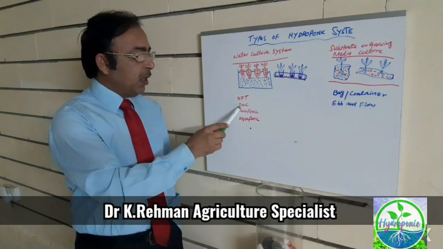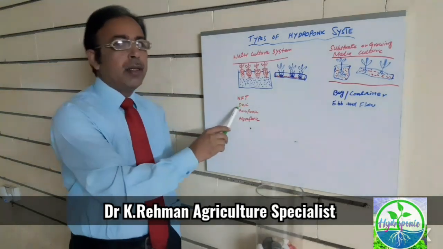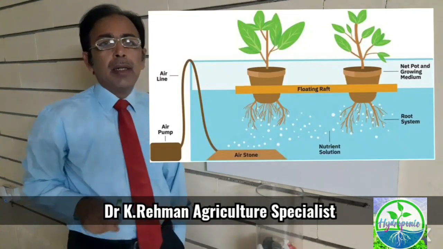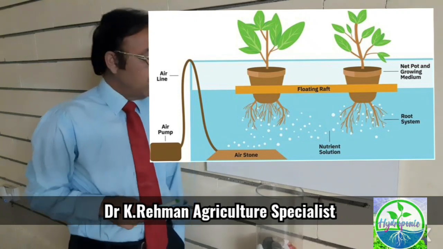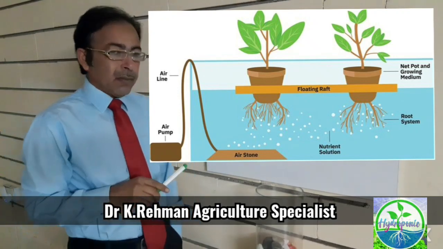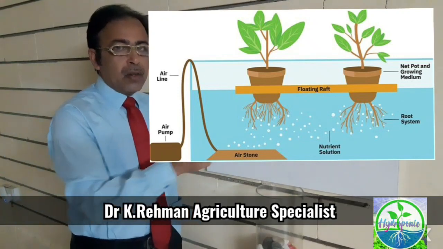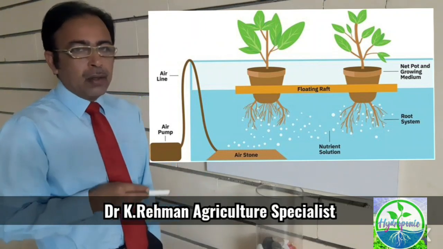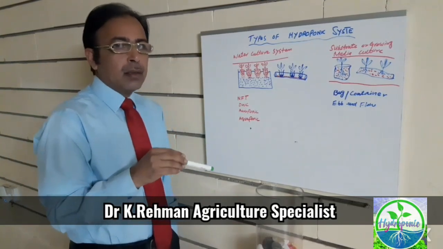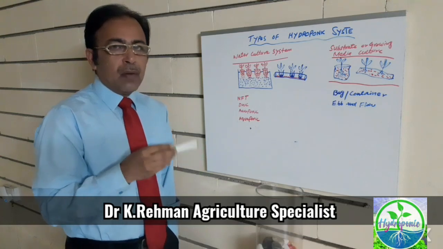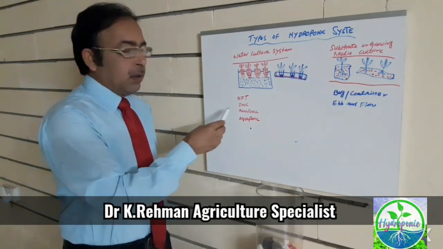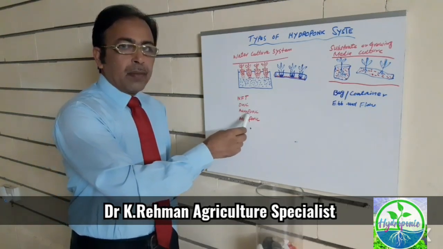The other system is DWC. DWC stands for deep water culture system, in which we hold plants on a floating spot.